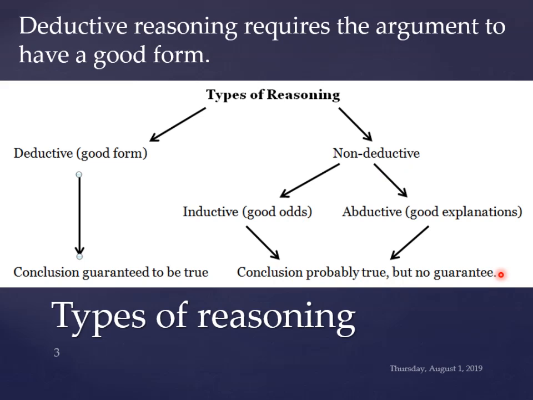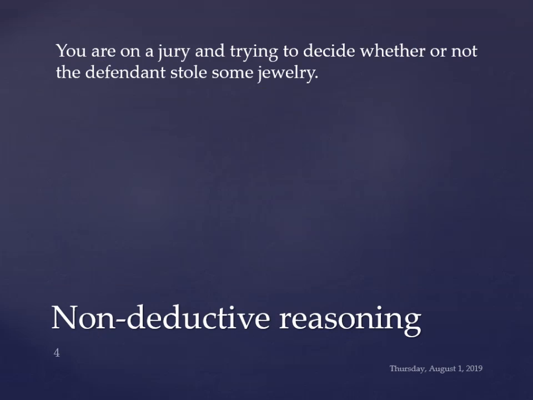It gives some credence to the conclusion, but not absolute certainty. Whereas in deductive reasoning, the premises, along with the good form of the argument, do guarantee the truth of the conclusion.